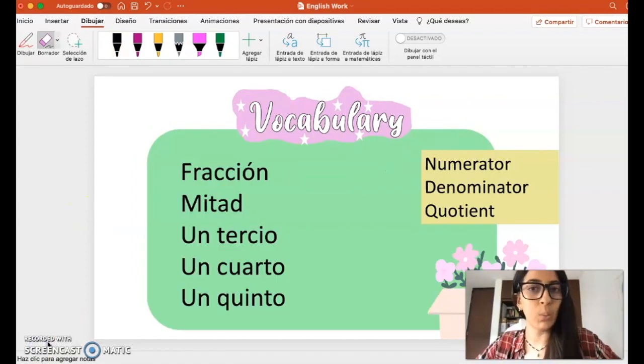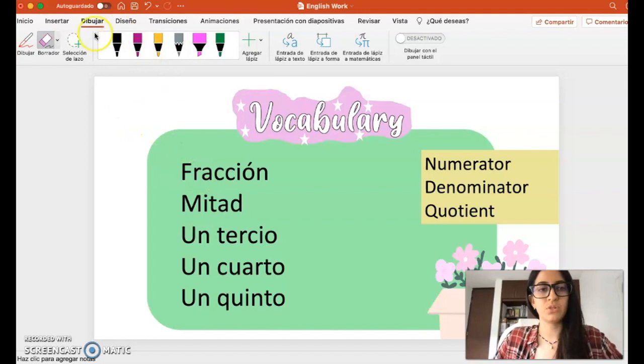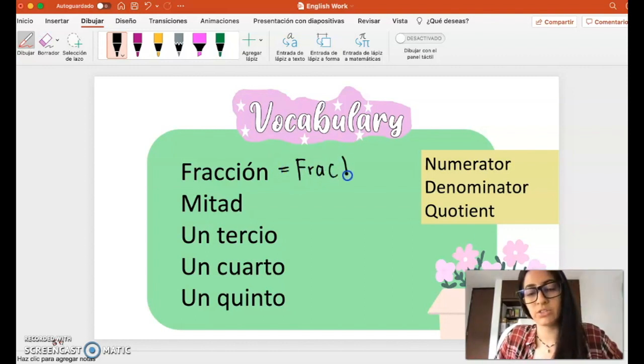In this part, we have a different kind of number. These numbers are fractions, you know. We have some vocabulary that we use for this kind of number. Fraction, we can write like fraction. And in this part, the yellow part, we have the elements of the fraction.